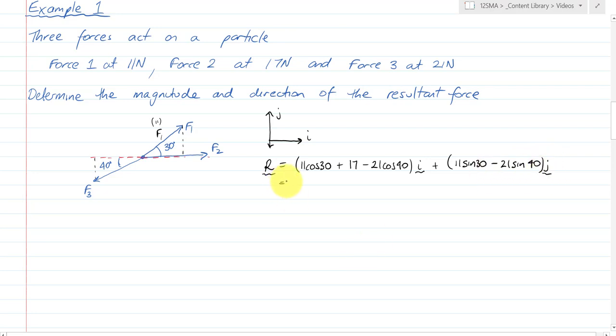I evaluate this now, and my evaluation comes up with 10.439346 newtons in the i direction, plus, but it actually turns out to be negative, 7.9985398 newtons in the j direction. And now I'm going to write those down as approximately 10.44i minus 8j.